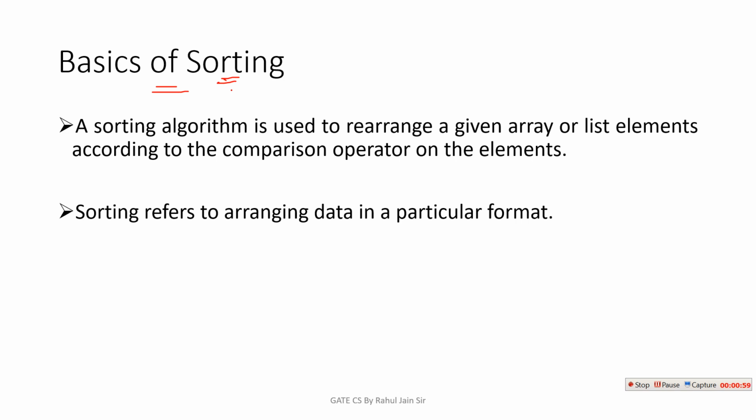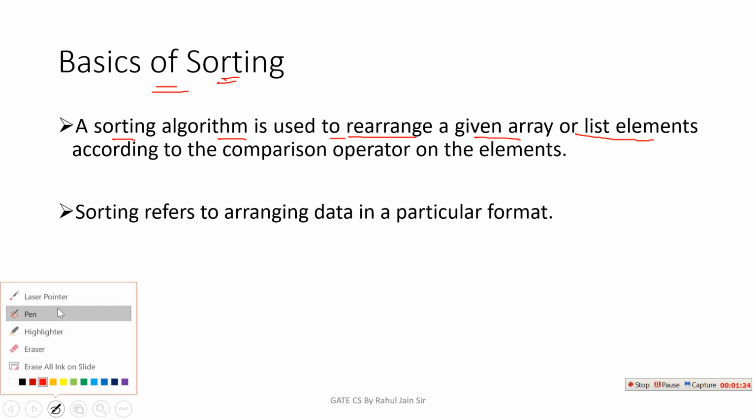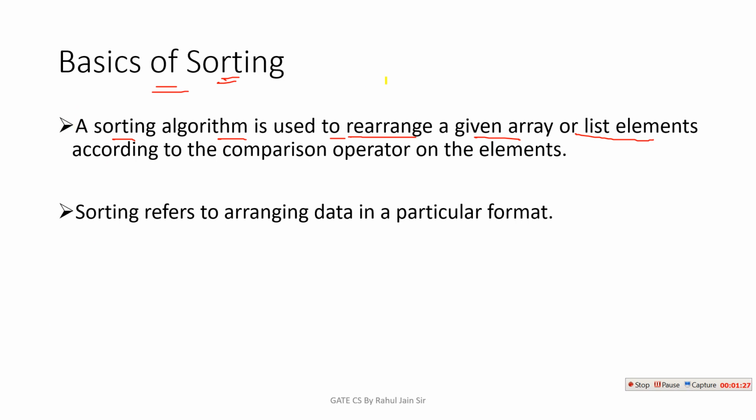We are going to deduce here the meaning of sorting, what sorting actually is. Our goal is only what sorting is. If we go with the definition, a sorting algorithm is used to rearrange a given array or list elements according to the comparison operator on the elements.